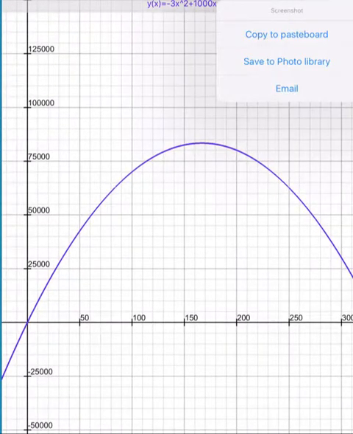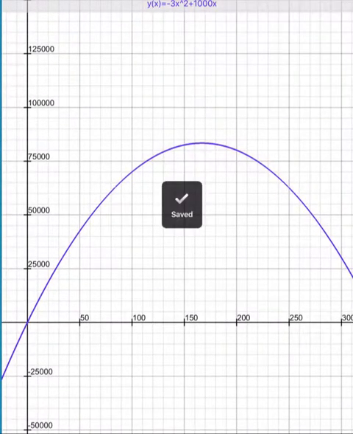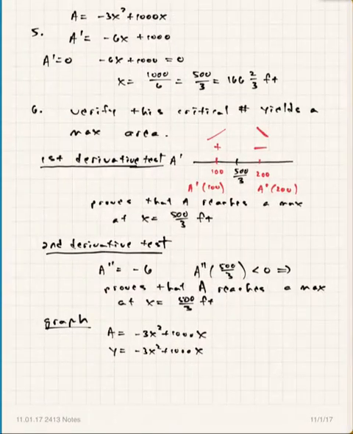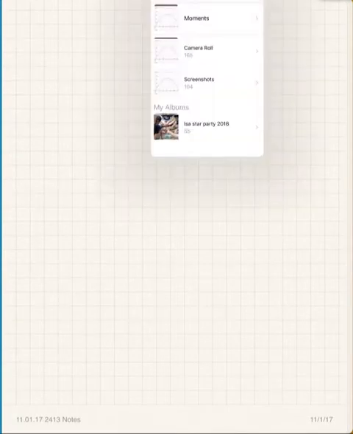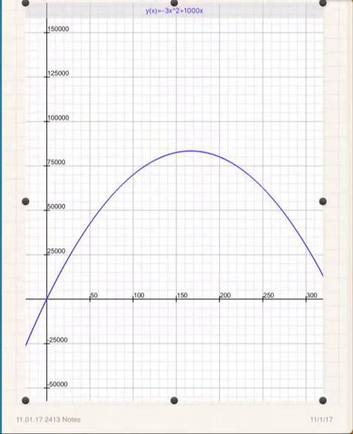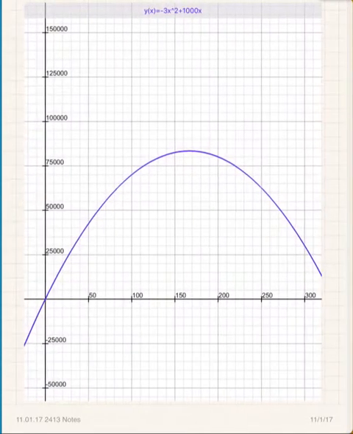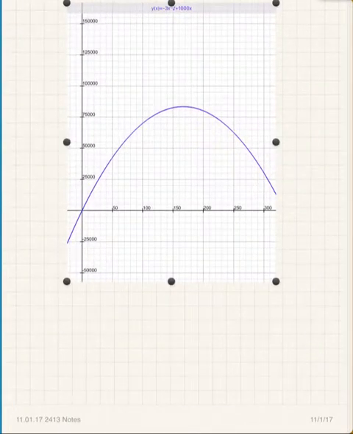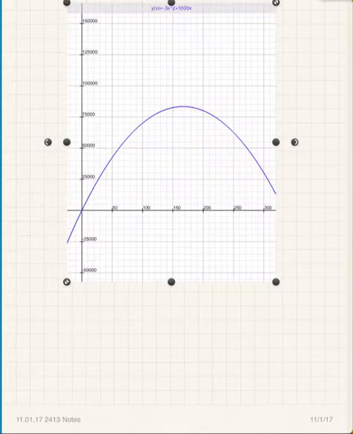I'm going to take a picture of this and paste it back into our problem. And this is the function that we're getting here. Let me make this a little bit smaller, and paste it in here so I can write on it.